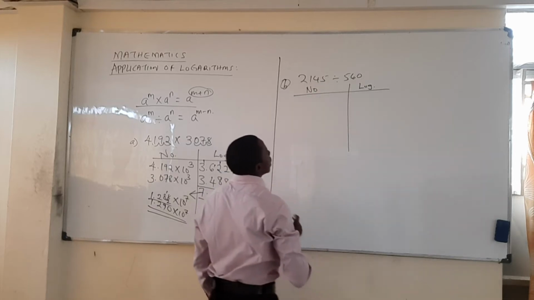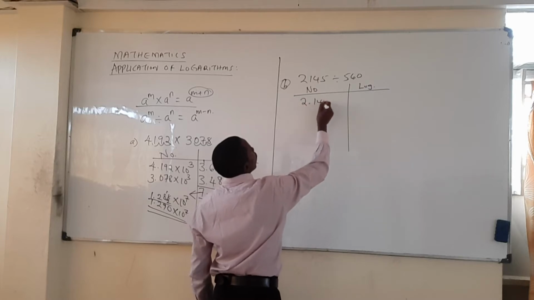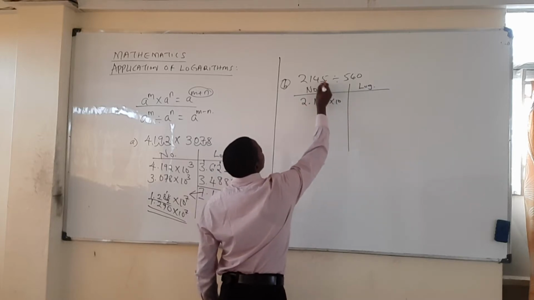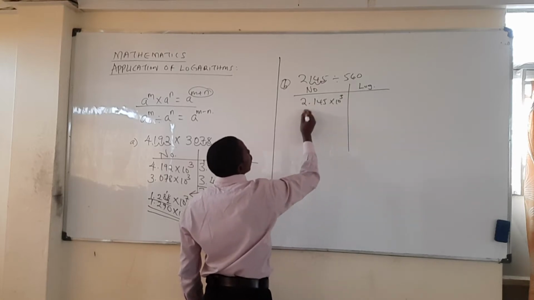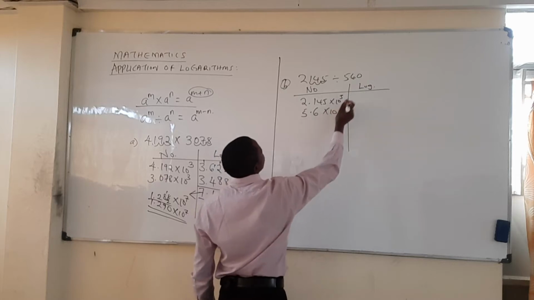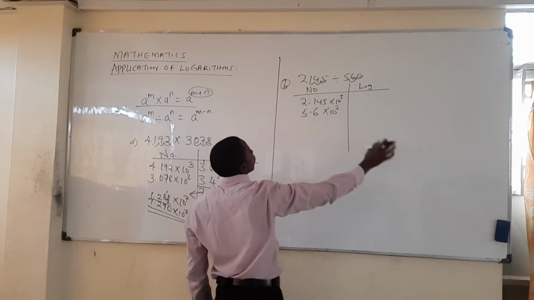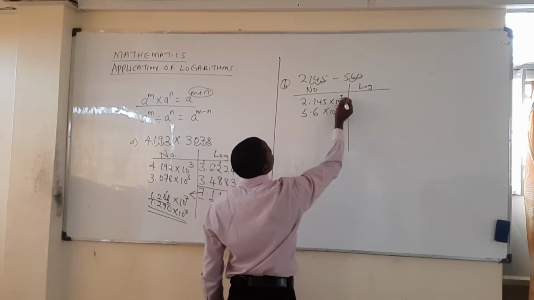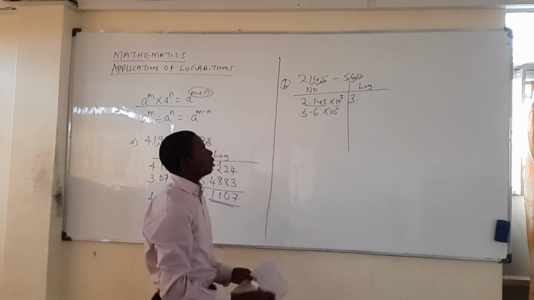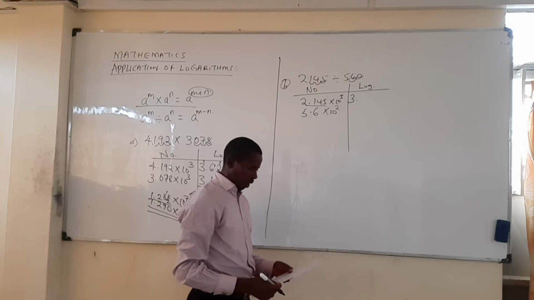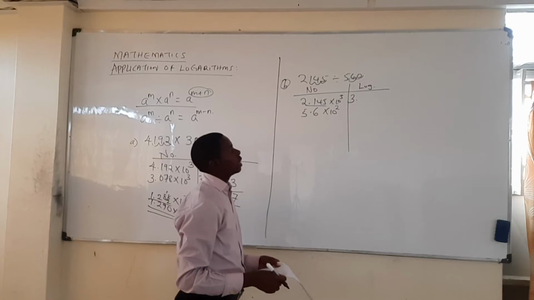2,145, we first write in standard form, 2.145 times 10 power 3. Then 560 should be 5.6 times 10 power 2. Now we read the log of 2.145, which starts with 3 point because of the 10 power 3. The log of 2.145 is 0.3304.